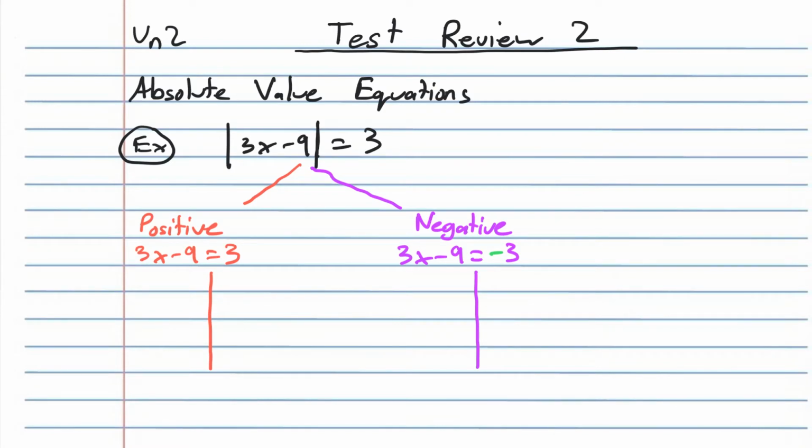Now the solving part, hopefully that's the part that's simpler and you're more familiar with. So let's go ahead and do the red one first, the positive case. Let's move that 9. It's a negative, so we'll add it to the other side. We always move things by doing the opposite. So leftovers, we have 3x, and 9 plus 3 gives you 12. Then let's get rid of that 3.